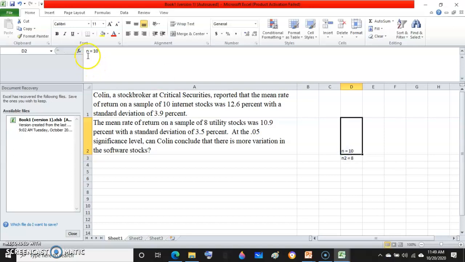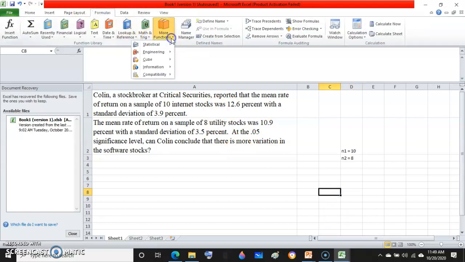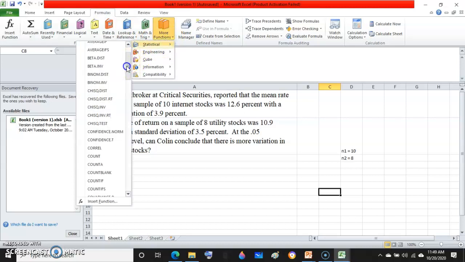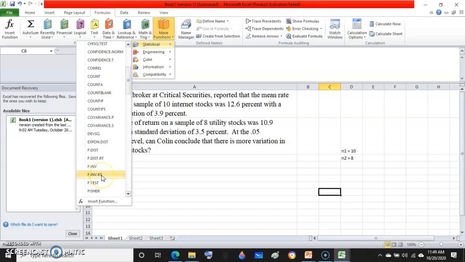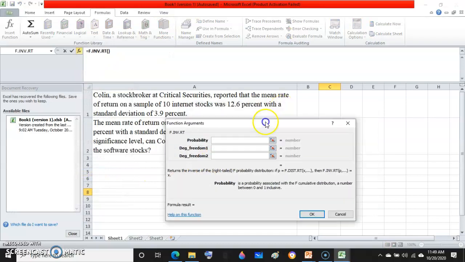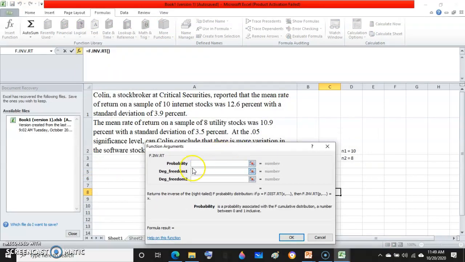To use Microsoft Excel, you click Formulas, then go to Statistical, and find F.INV.RT, the F inverse right-tailed. In the problem, the level of significance is 0.05, so you input 0.05. The degrees of freedom 1 is 10 minus 1, which is 9, and the degrees of freedom 2 is 8 minus 1, which is 7.